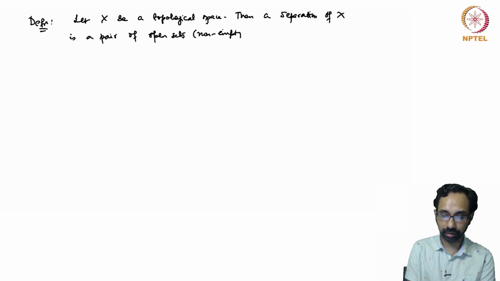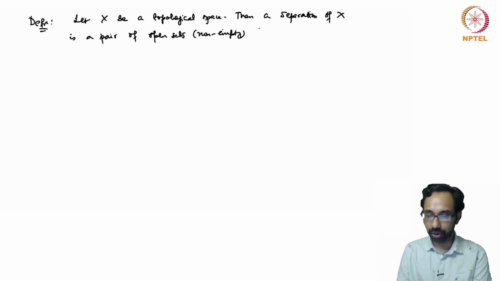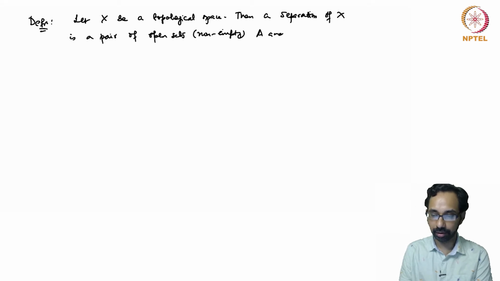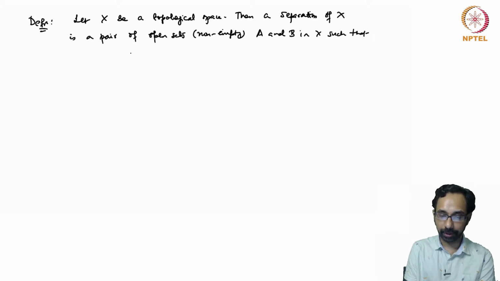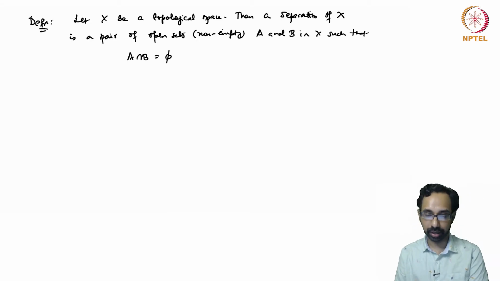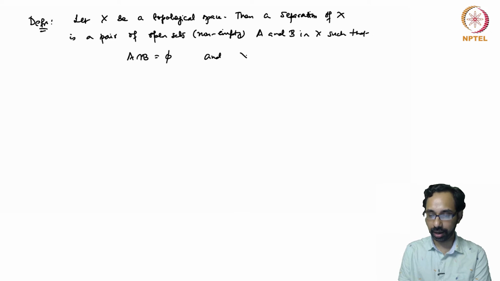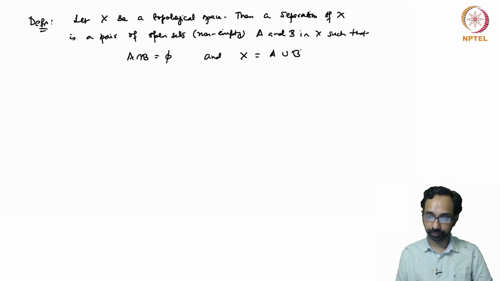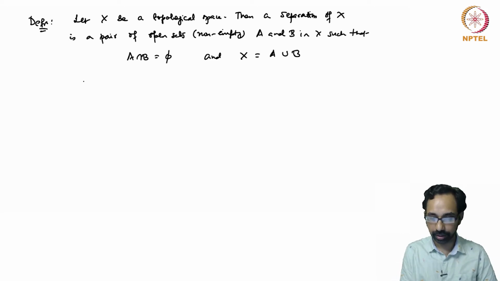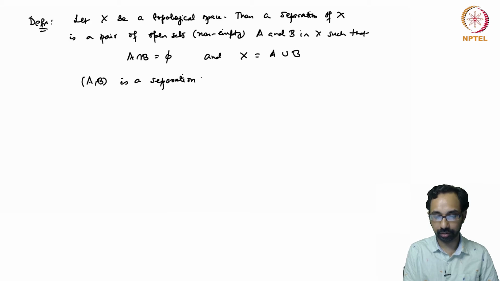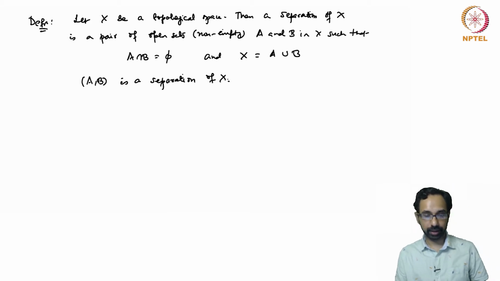Non-empty, this is important actually. So open non-empty sets A and B in X such that A intersection B is empty, which is just saying that A and B are disjoint sets, and X is the union of these two sets A and B. So we say that (A, B) is a separation of X.